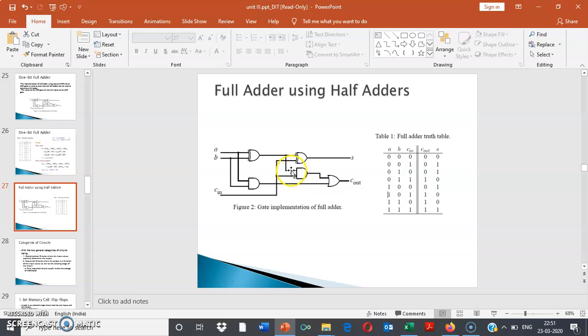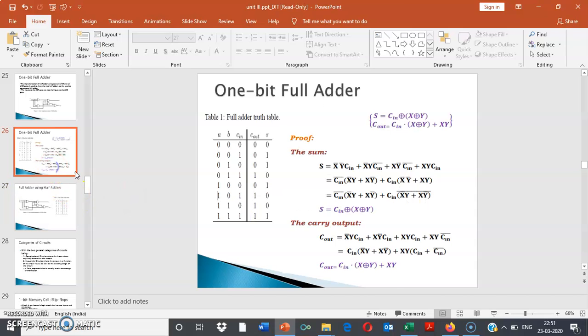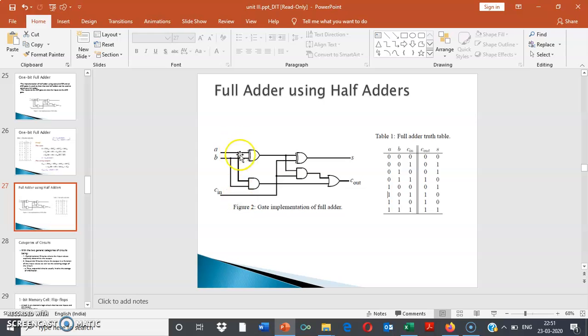So C input into A XOR B is this AND gate, and again you have plus XY. XY means AB. So you got AB here. So the addition of the two, that is the OR gate, is C output.